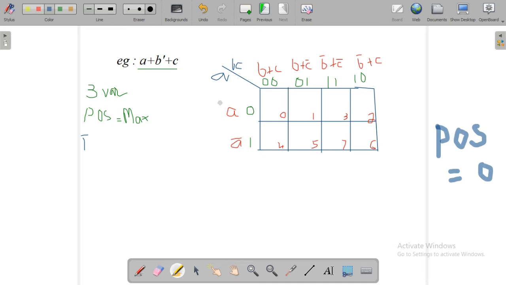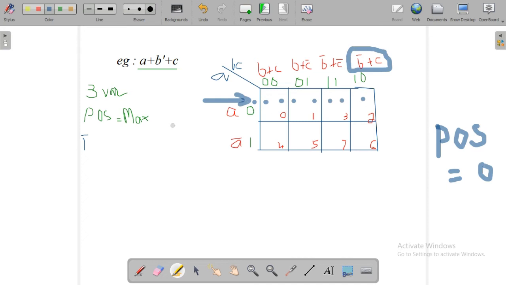So you can consider A means this row, A. This is A plus B dash plus C. So which one is B dash plus C? This column, B dash plus C. So you have to consider this. Where it is the meeting point, there we have to write it.